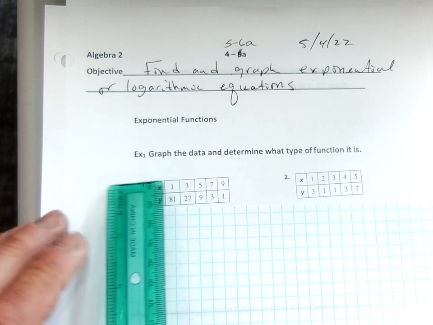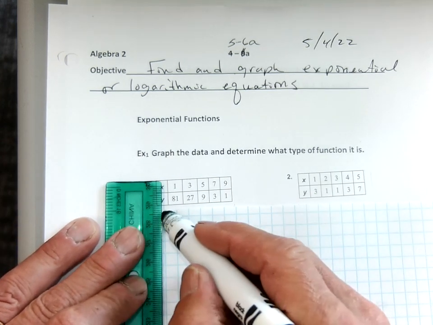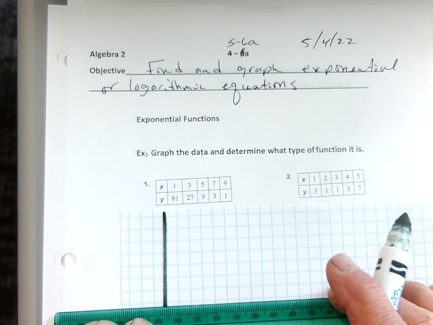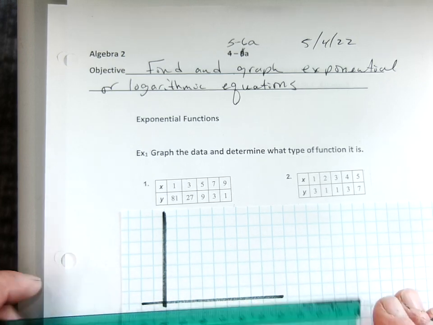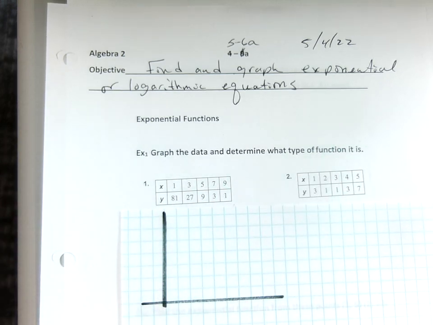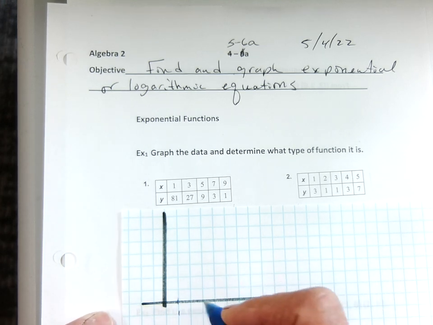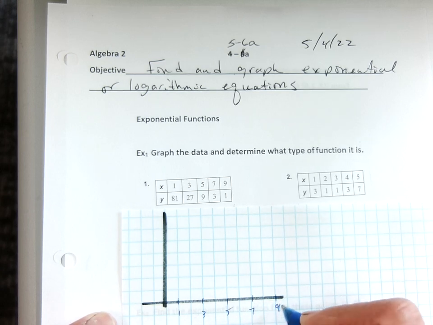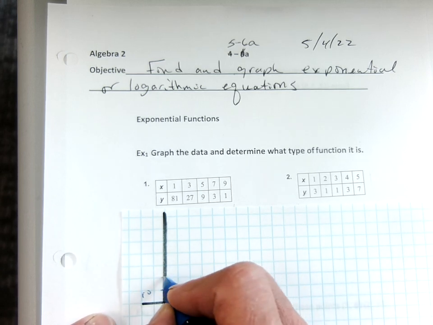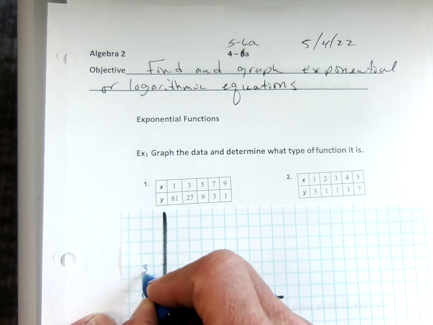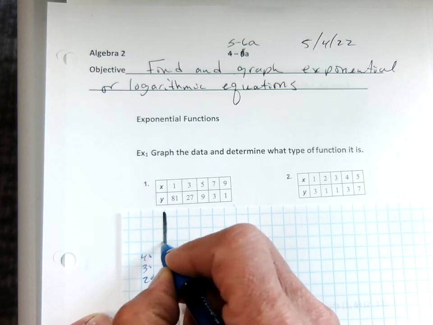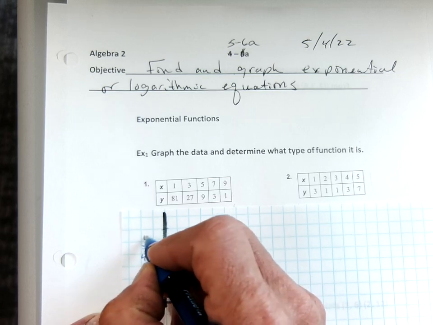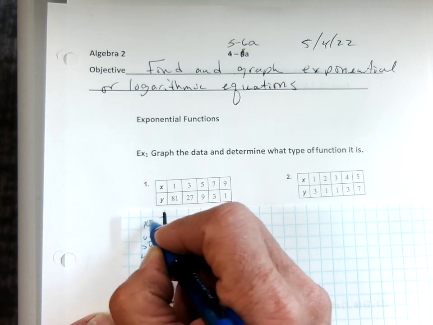Okay, so let's graph number 1 and get an idea of what it looks like. I'm going to go 1, 2, 3, 4, 5, 6, 7, 8, 9, and probably have to go by tens. 10, 20, 30, 40, 50, 60, 70, 80, okay?